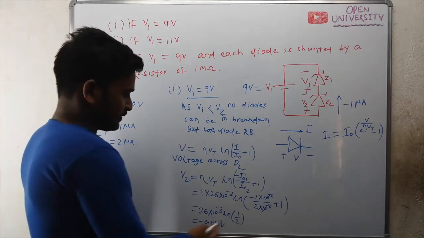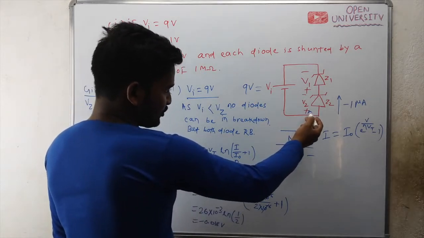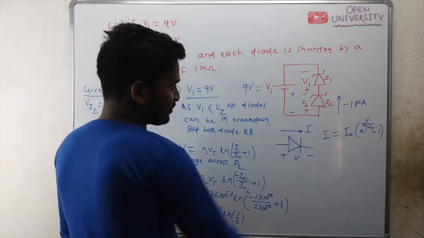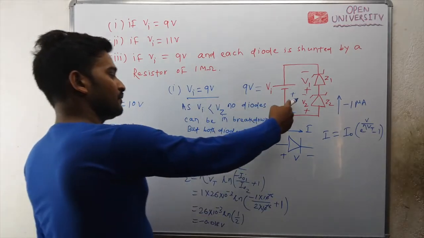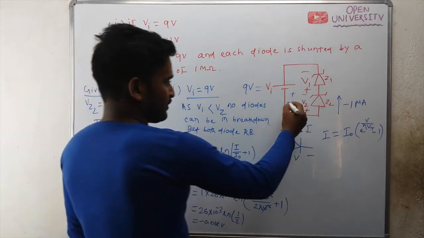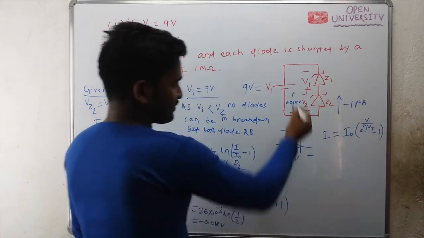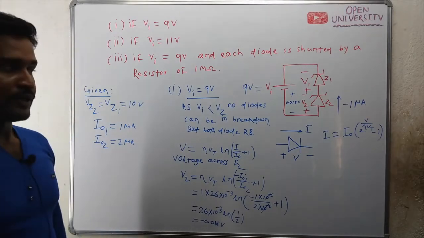If this voltage V2 is minus 0.018 volt, then this voltage will be plus 0.018 volt. This side positive, this side negative, this voltage will be 0.018 volt.